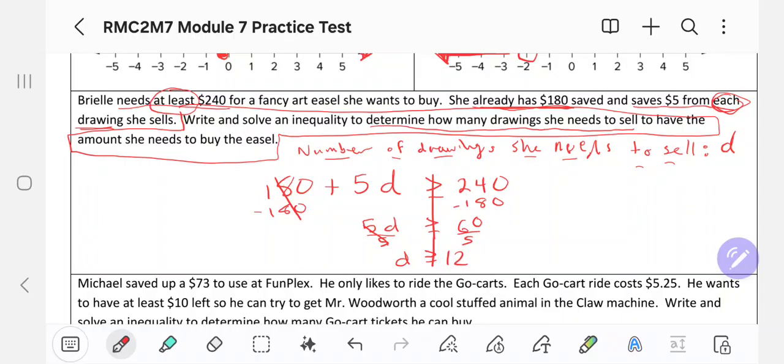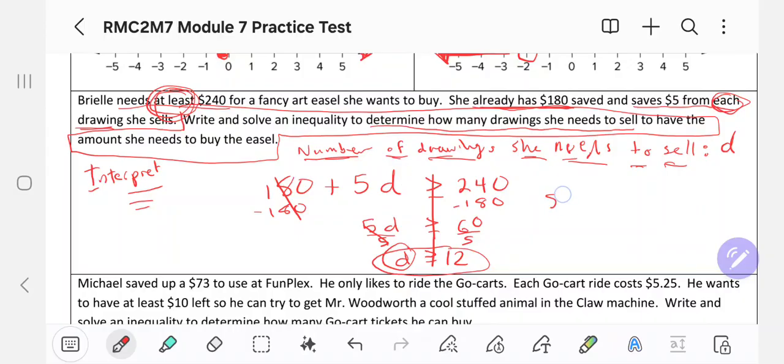All right. So it says, write and solve an inequality. Ooh, I didn't put interpret, but I want you to interpret. Okay, interpret that answer. Basically, what does this answer mean? We usually use the phrase up here, and then this part, right? What does this D right here represent? It's the number of drawings she needs to sell.